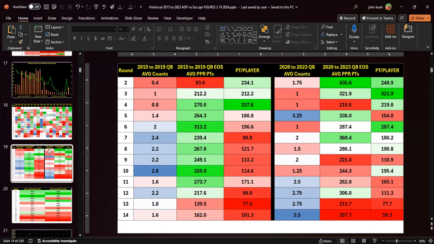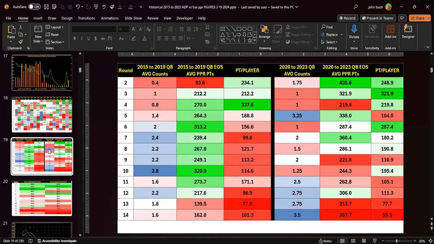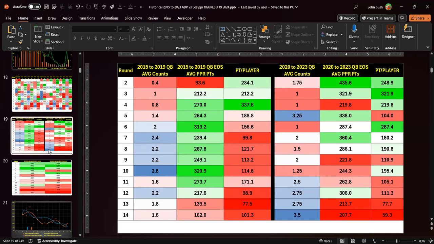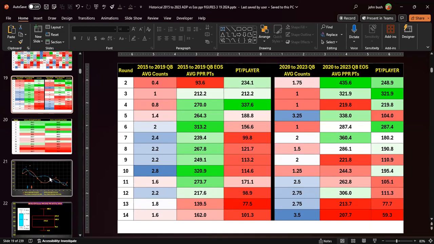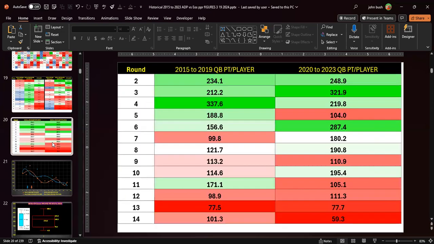So I had the total number, then I divided the average counts by the average points, and then if you graphed 2015 to 19 and then 20 to 23, and you did points per player, it's quite interesting what happens.